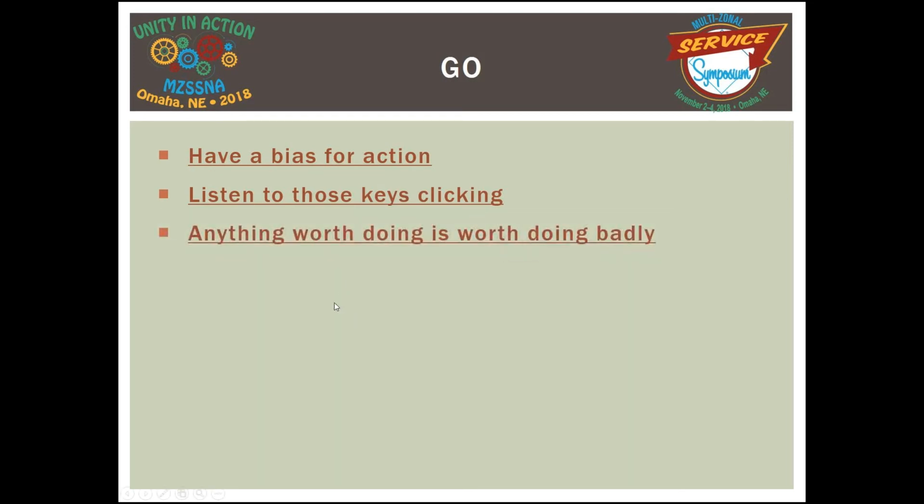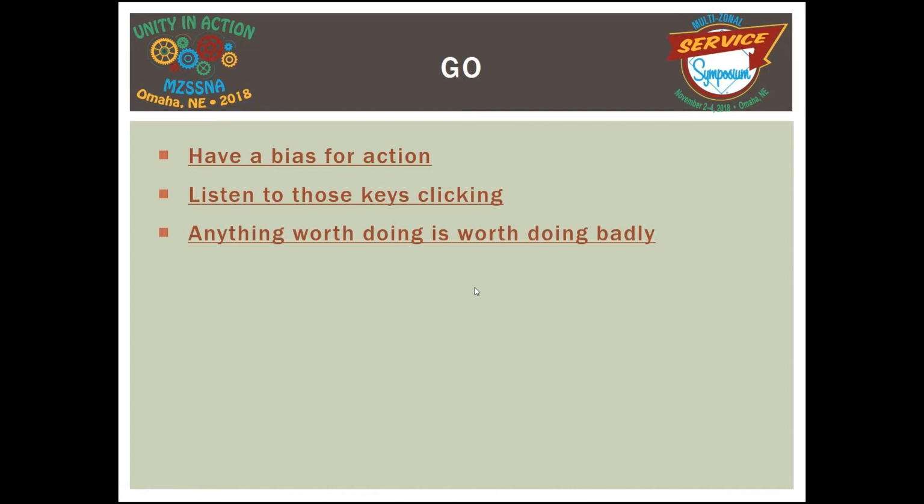The next thing to know that's important is that anything worth doing is worth doing badly. Now, this is a quote by G.K. Chesterton, and to be fair, Chesterton was talking about being active in life and not outsourcing our life to other people because you don't feel like you can do it well.